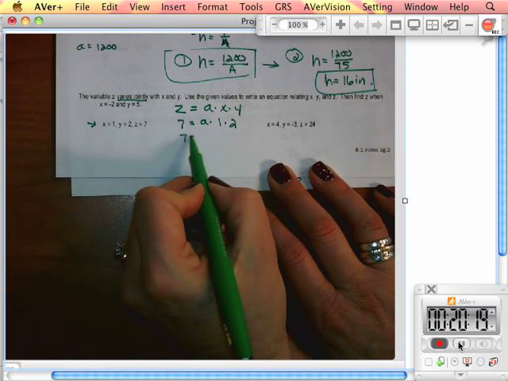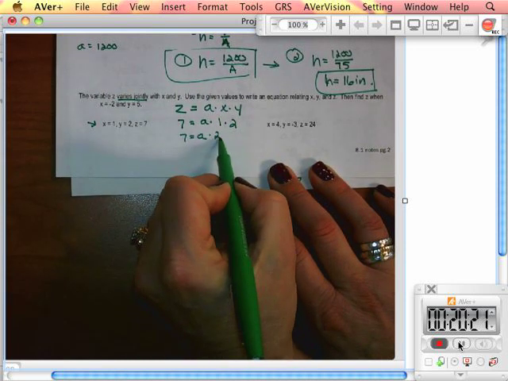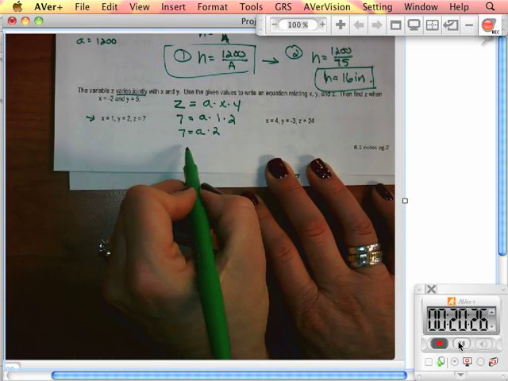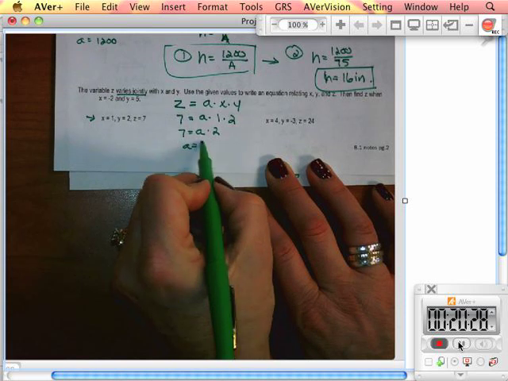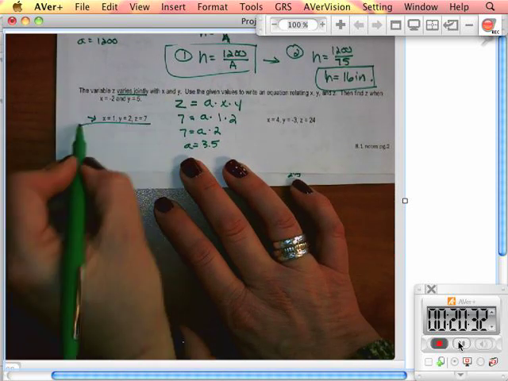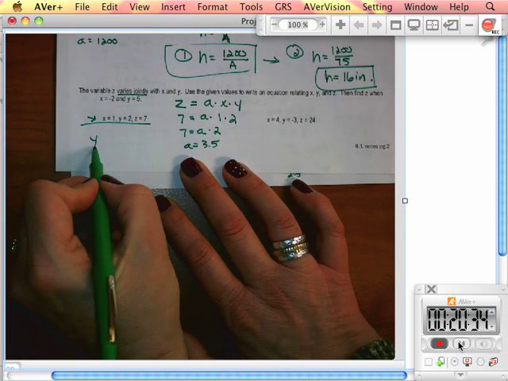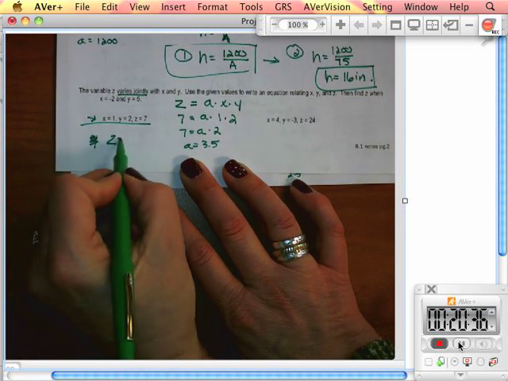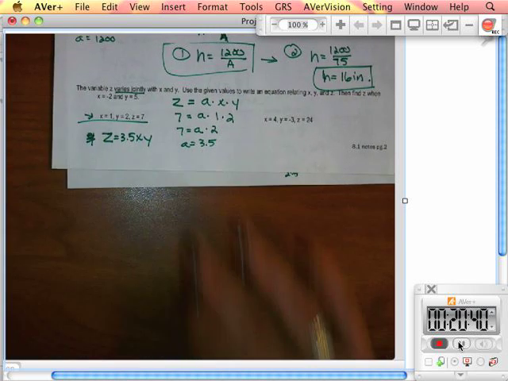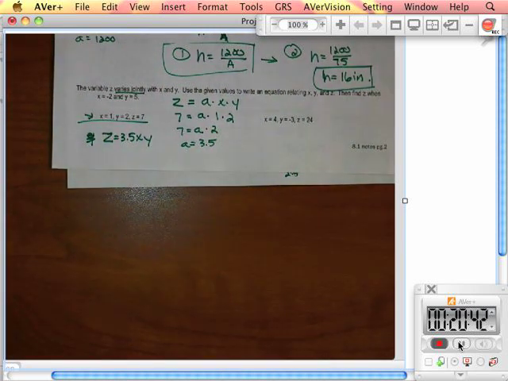So I have 7 equals a times 2. Divide by 2. A is equal to what? Okay, so I'm going to write my joint variation equation, z equals 3.5 times xy. That's the joint variation equation for that particular set of data.